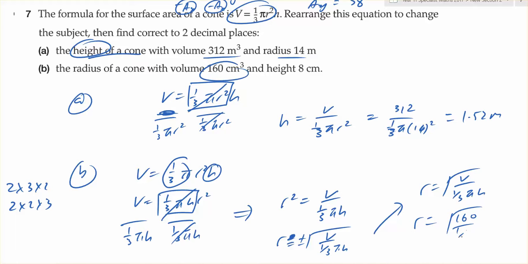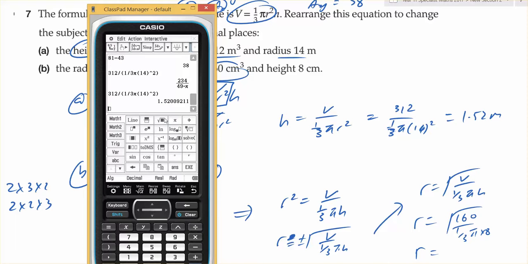So a third pi times 8. Let's see what we get. To 2 decimal places, square root of 160 divided by a third times pi times 8. So it gives me 4.37 centimeters.